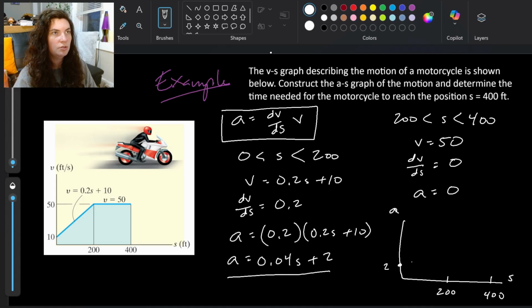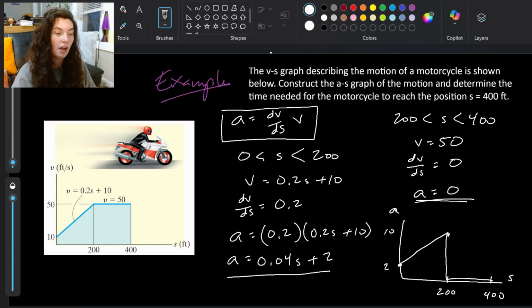So it starts at 2, and if I plug in my upper bound of 200, I'm going to get 10. We can tell it's linear because it's 0.04s, no squares, nothing else. From 2 to 10, linear up to 200. And then at 200, my acceleration drops down to 0. No acceleration from 200 to 400.